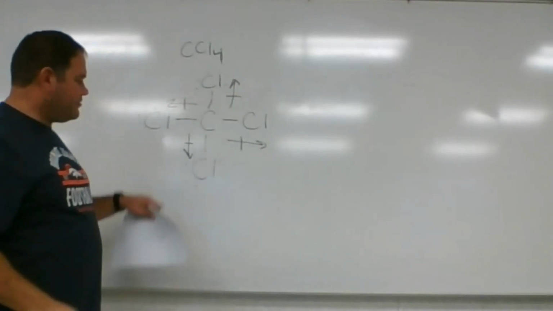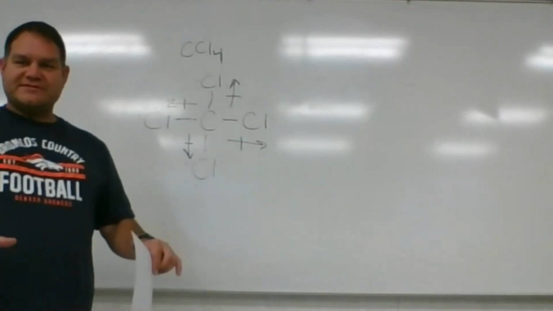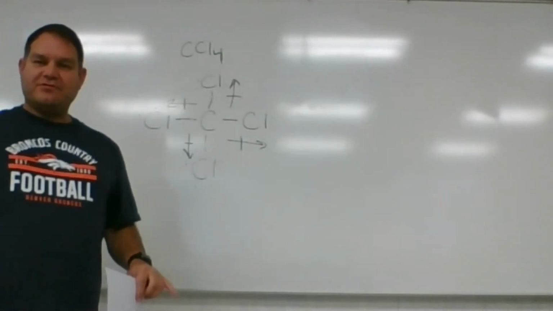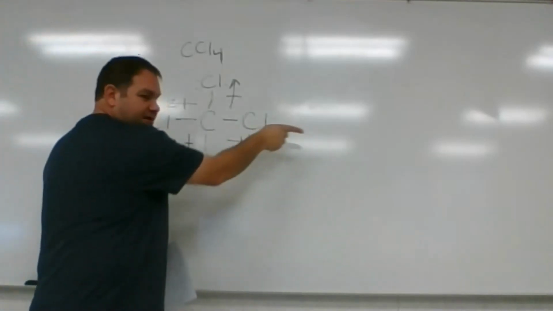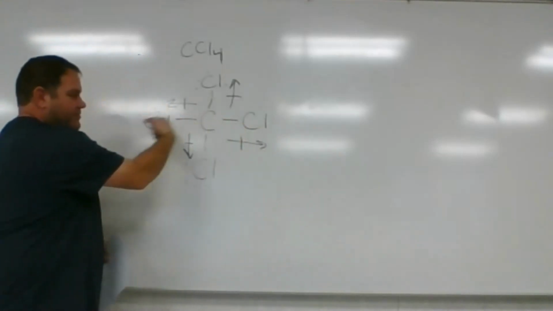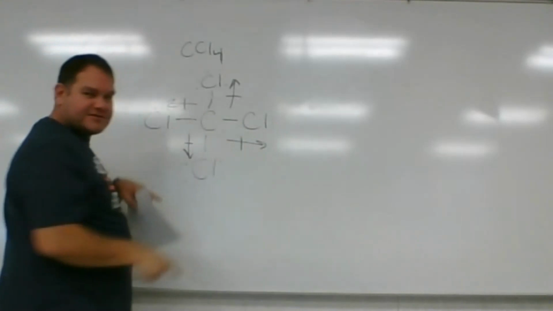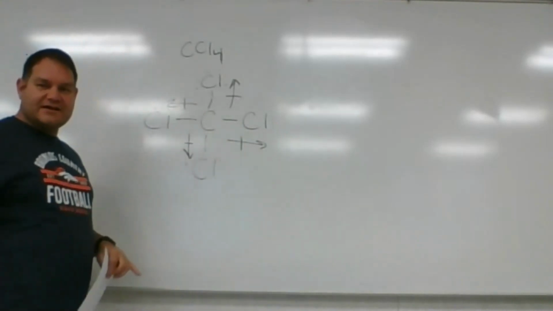So all 4 of my dipole arrows point towards the chlorine. Now the question is, do any of these dipoles offset one another? This dipole is going in this direction, and this dipole is going in the opposite direction, so these 2 dipoles cancel out.